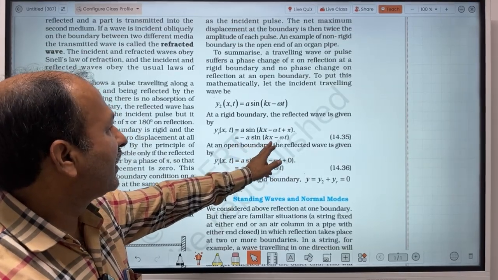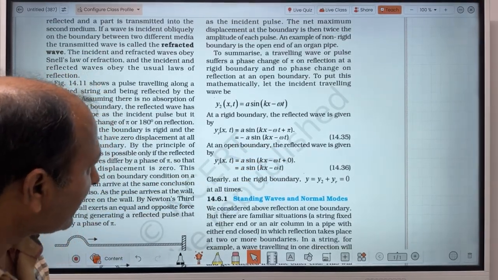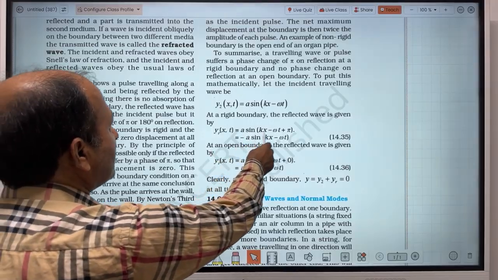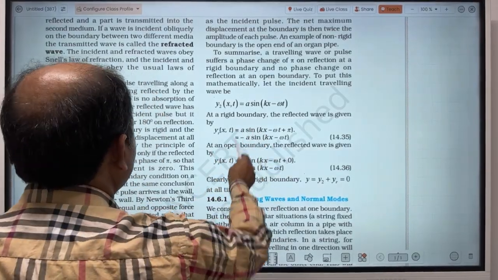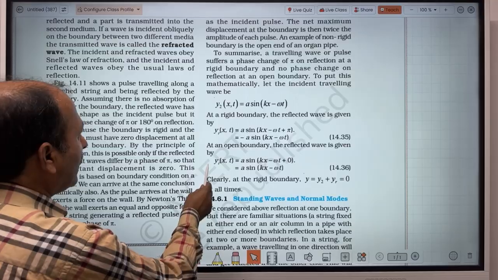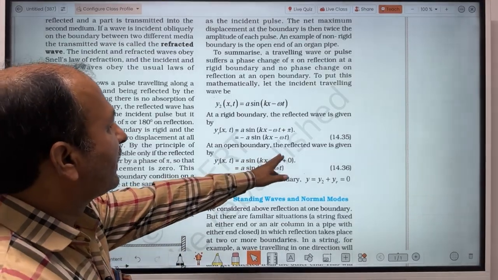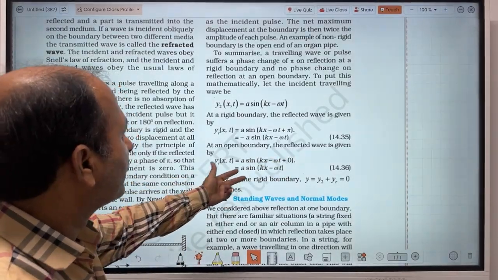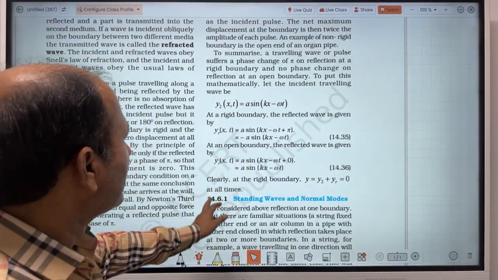So in that case, we will get −a sin(kx − ωt). So this is the case when the boundary is rigid. Now at an open boundary, the reflected wave is given by the same expression, nothing will happen, it will remain the same.